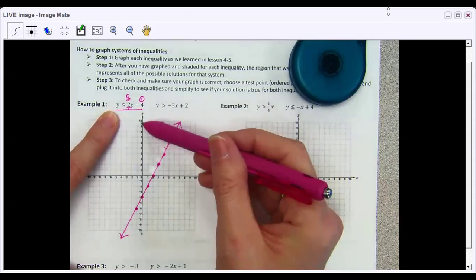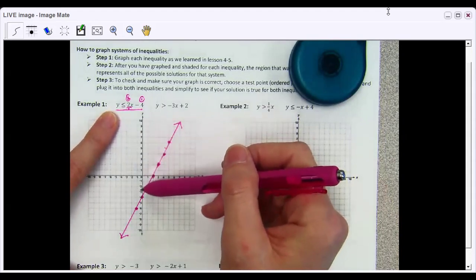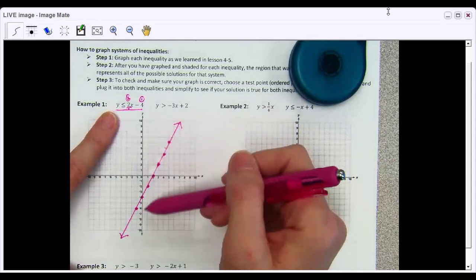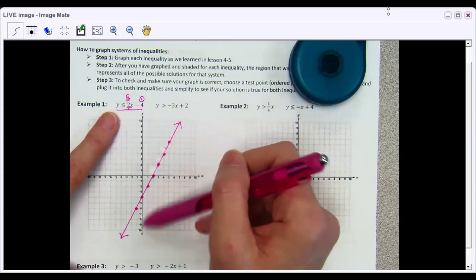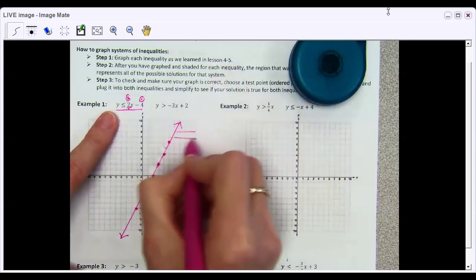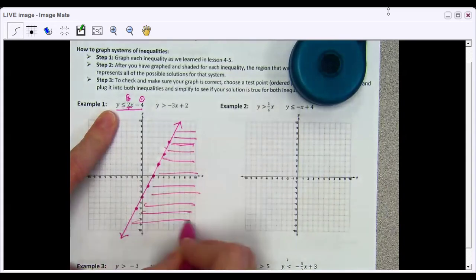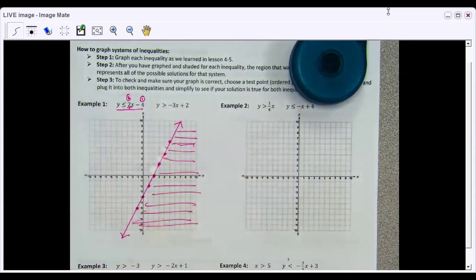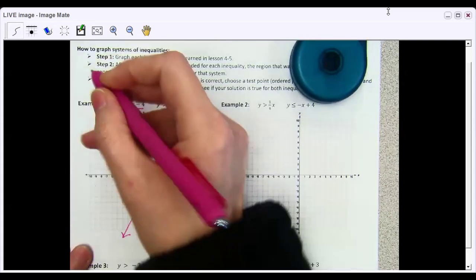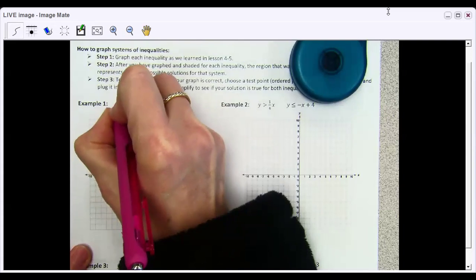So if we look at the y-axis, we need to shade below the line, which is when the numbers get smaller. So we're just going to do our shading here. All right. So the line and the shading, that was step 3.